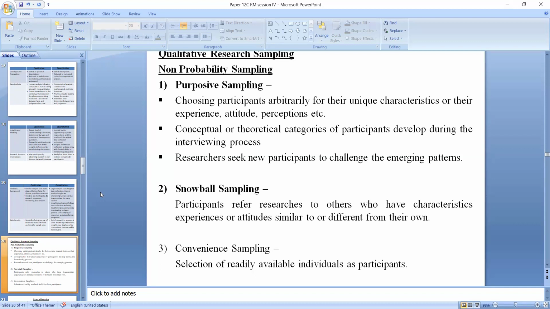I will ask you to give me the references. From them, I will get further references. This is snowball sampling. So easier to understand are convenience sampling and snowball sampling.